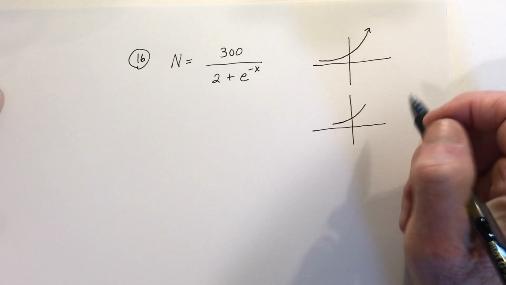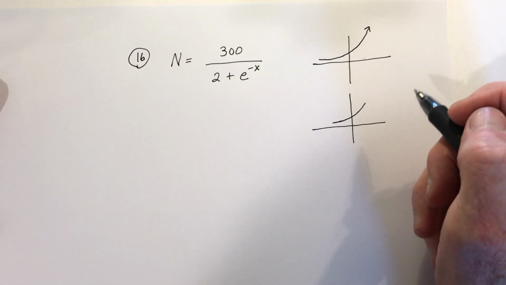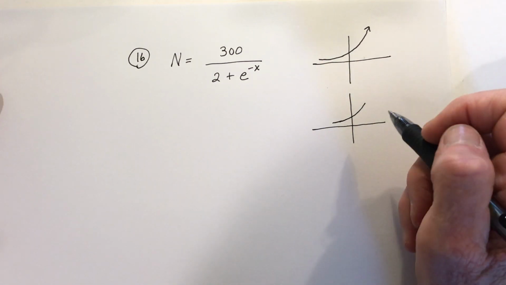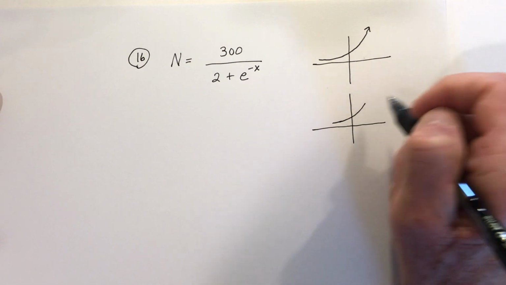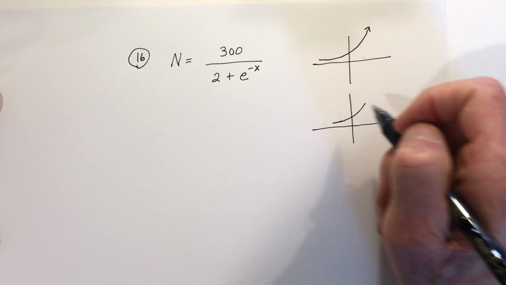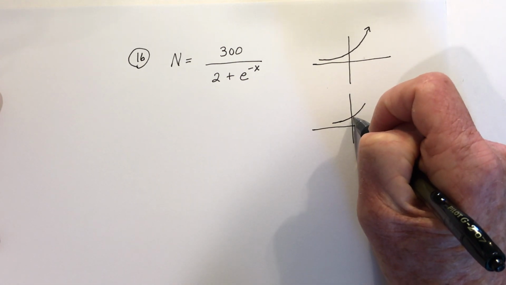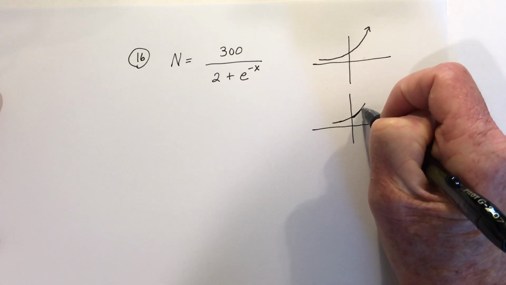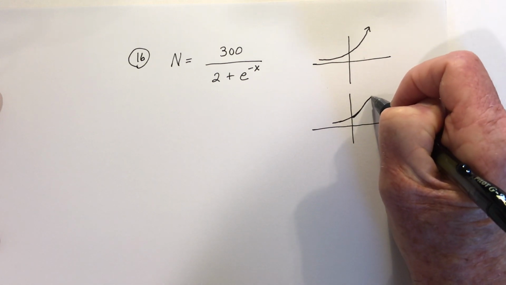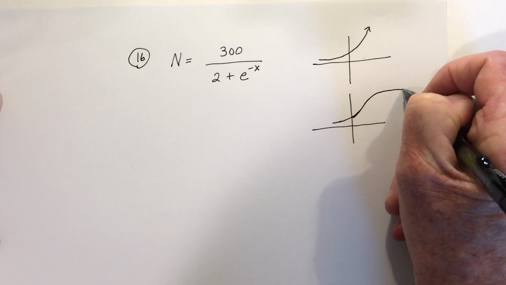But if the park only has a certain amount of resources, and by that I mean natural resources like berries that they could eat or salmon or whatever. So if there's only a fixed amount of resources, then the population can grow rapidly, but eventually it's going to level off.